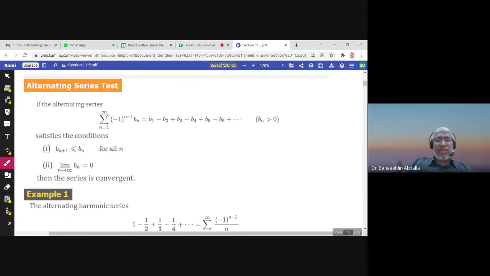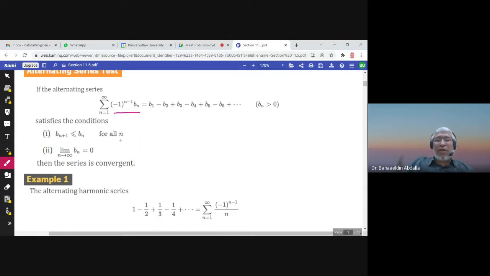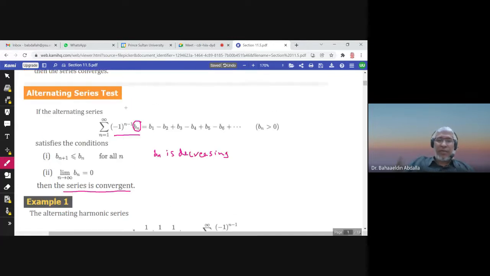What does the alternating series test say? It says that if there is an alternating series, then if bn satisfies two conditions: if bn plus 1 is less than or equal to bn for all n, and this means that bn is decreasing, and if the limit of bn is 0, then the series is convergent. What series? Summation an, the alternating series.